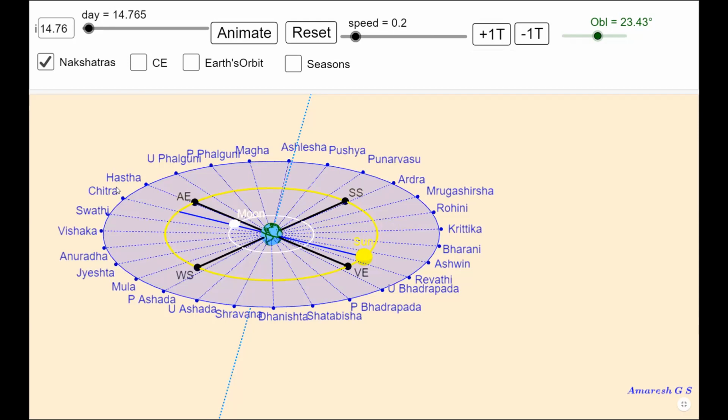Aha. This also tells us in the Indian calendar system how to define the name for the lunar month.